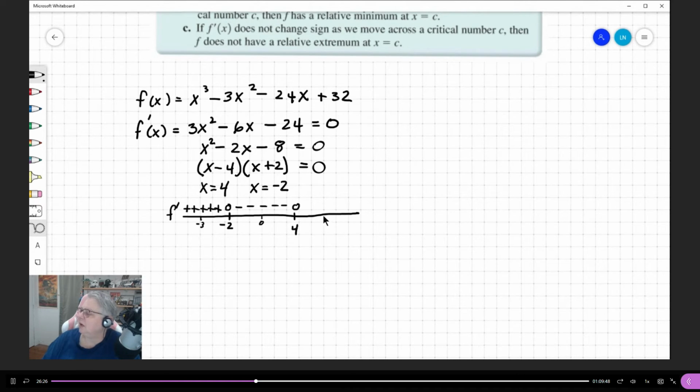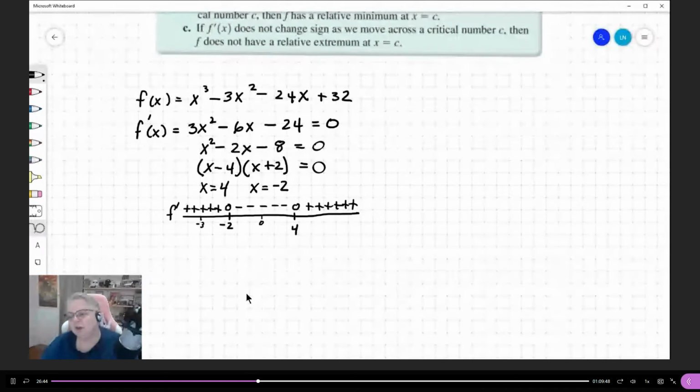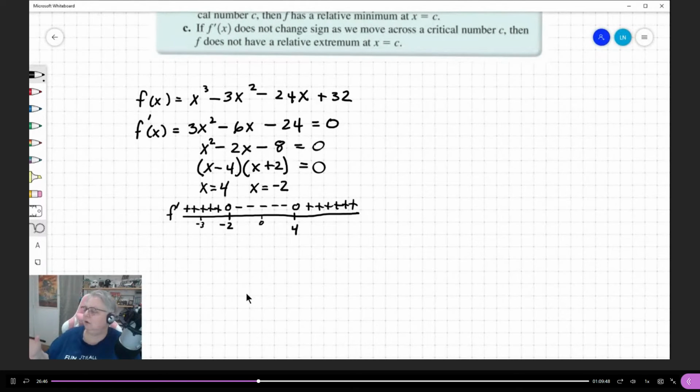And if I take something out here, maybe like 5, 5 minus 4 is 1, so that's positive. 5 plus 2 is 7, so that's positive. I don't care what the number is, I just care that I'm multiplying a positive by a positive. So now I have the sign pattern for my derivative.